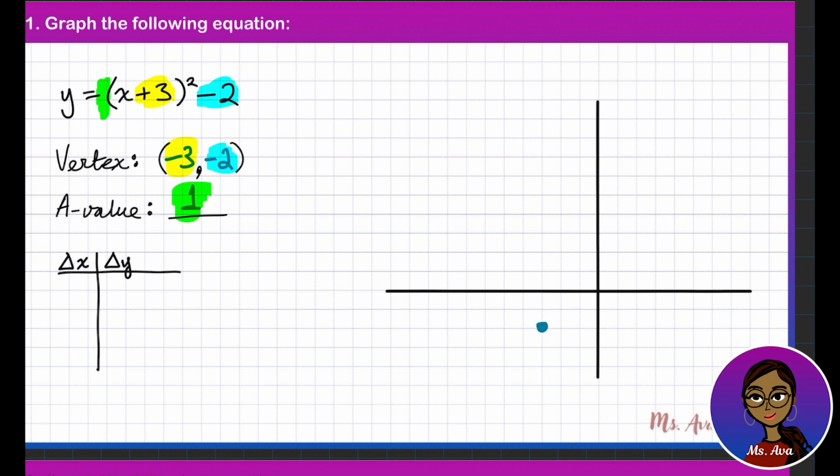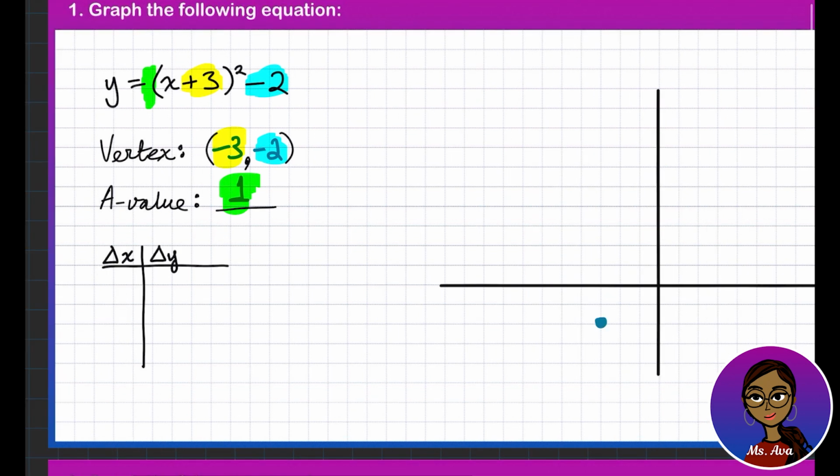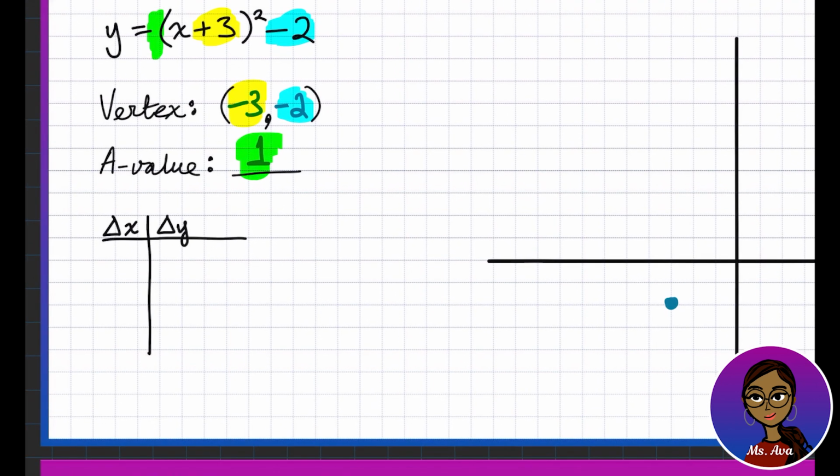But we just need a few points to make sure that we're accurate. So this whole delta x, delta y thing, let me show you what I mean by that. What we're going to do is evaluate points away from the vertex. If we're 1 unit away from the vertex, that is a delta x of 1 because it's 1 unit away. Then I also want to get points for 2 units away from the vertex.